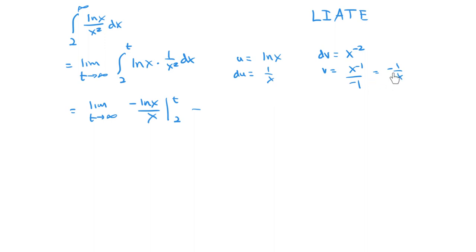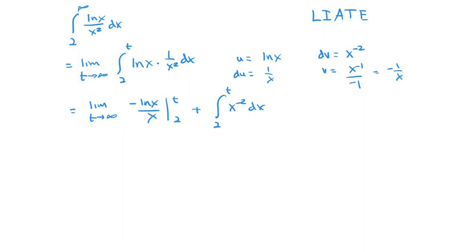And it's already a minus here, so it'll be minus minus, so it would be plus. And then we're going to have the integral from 2 to t of basically x to the -2, right? Because we've got 1 over x times -1 over x, but we already know about the negative part. So 1 over x times 1 over x is 1 over x squared. 1 over x squared is the same as x to the -2.